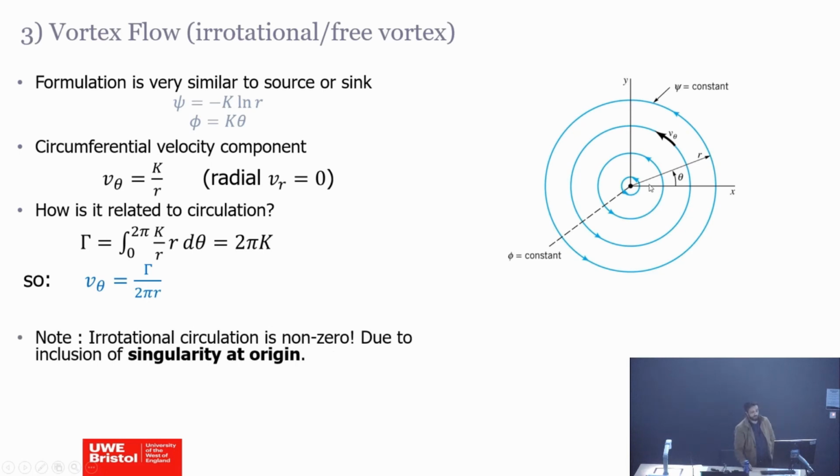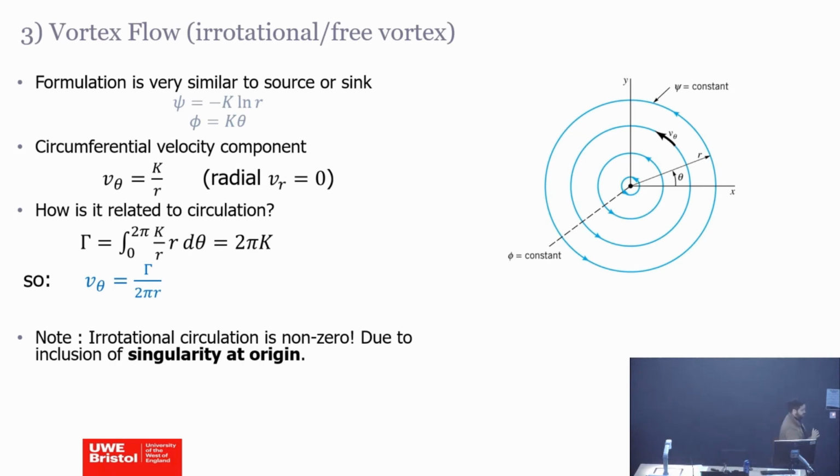Now, remember I told you, if you go very close to the center of the vortex flow, then the speed goes to infinity, and we have a singularity at the origin. And if you take the circulation integral around a circular streamline very close to the origin, you end up with a non-zero circulation. If you remember, the physical meaning of circulation is the integral of vorticity over a plane.